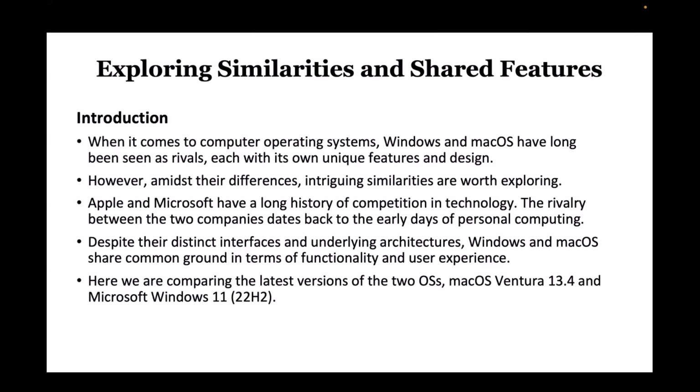Despite their distinct differences and underlying architectures, Windows and macOS share common ground in terms of functionality and user experience. Here we are comparing the latest versions of the two operating systems, macOS Ventura 13.4 and Microsoft Windows 11 22H2.